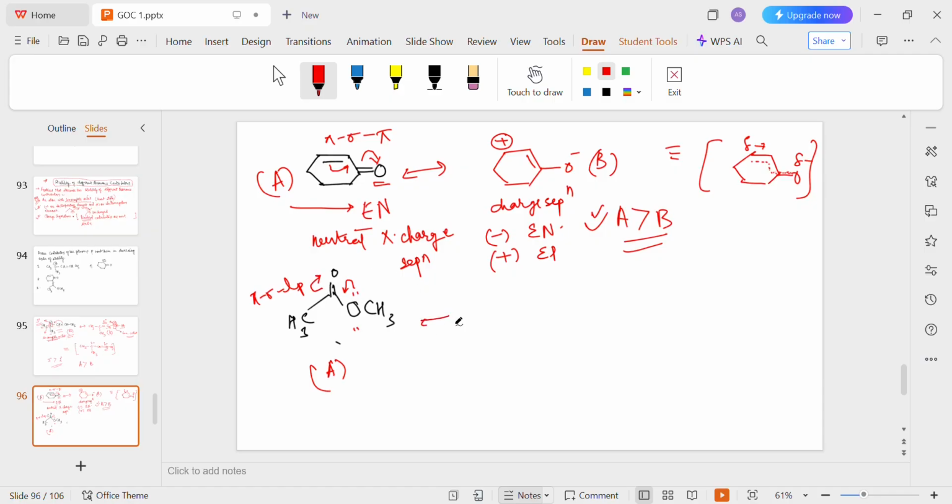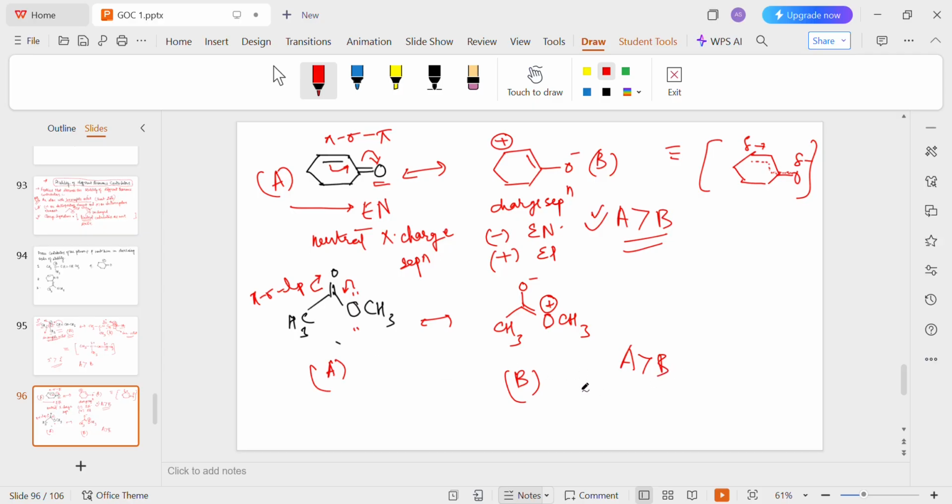Okay, and we have this structure as the contributor. Okay, this is B. Now A structure is uncharged, B structure is charged, B structure also has charge separation. The same electronegative element, oxygen: one oxygen atom has a negative charge, the other oxygen atom has a positive charge. So of course A is more stable than B because A is uncharged, B is charged.